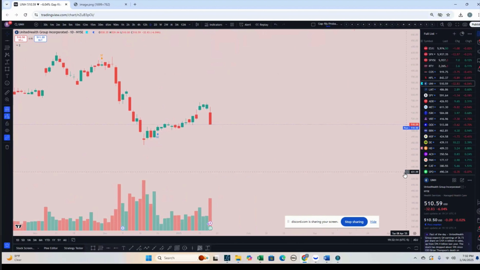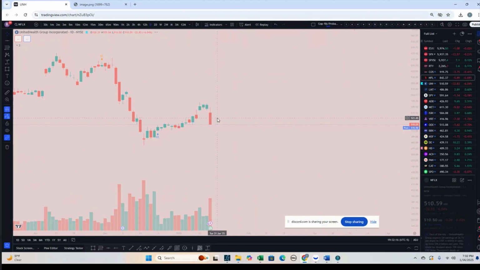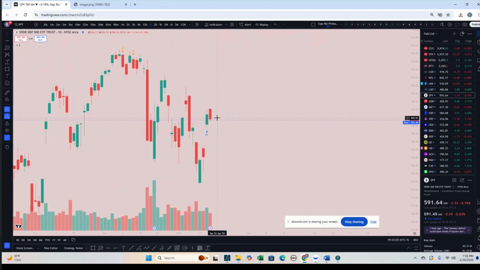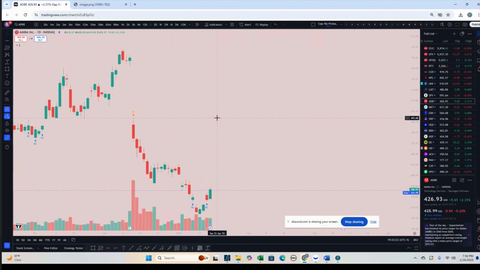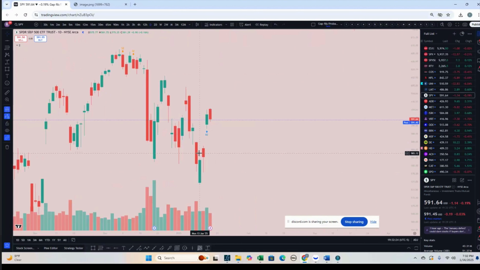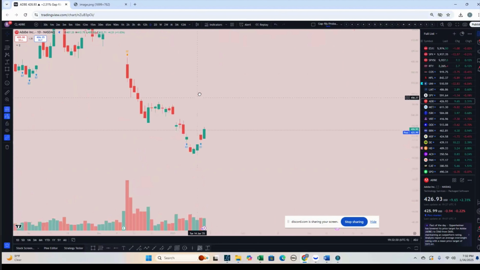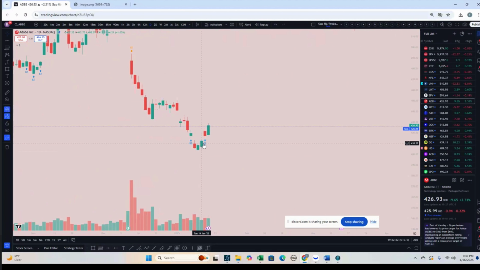One thing I like about it is it's already coming down. I didn't know the gap took that much. 583, 583. This would have been a good one here.